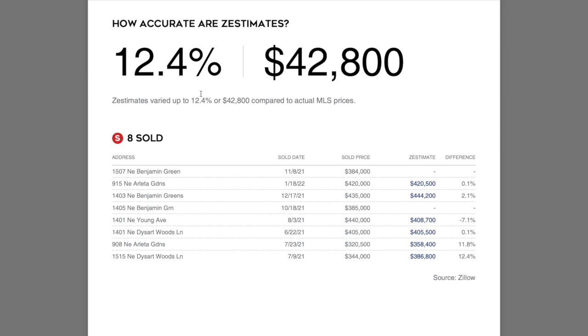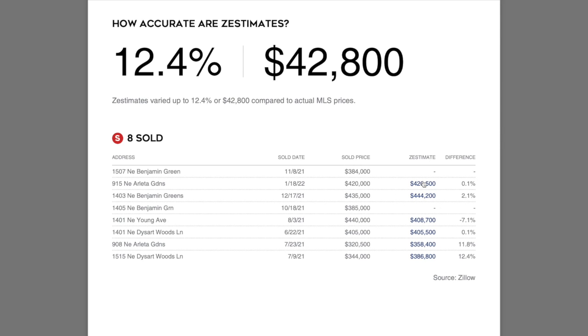So Zestimates varied up to 12.4% in my neighborhood, or $42,000 difference than what actually happened. So you might be pulling up your home and say, my Zestimate says this. You could be over 12% off what you could actually be getting for your home in the positive or the negative direction.